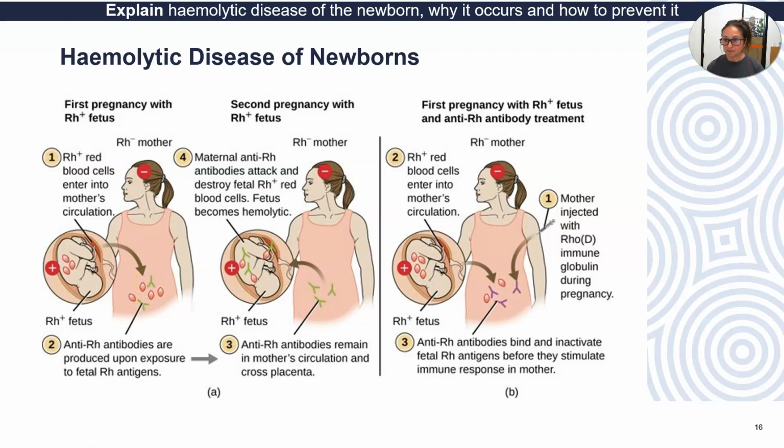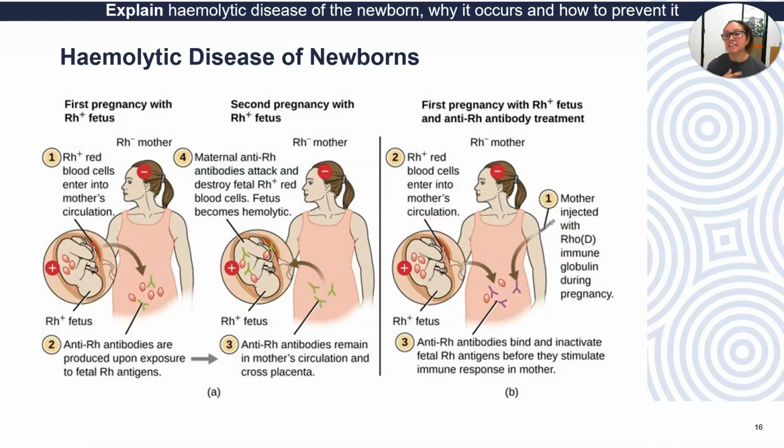And that's a problem because antibodies can pass through the placenta. Now, some things can go through the placenta and some things can't, but antibodies can. So mum will make antibodies to kill the Rh positive red blood cells. And this is not good because those antibodies are going to go into the baby and kill its red blood cells. All right?